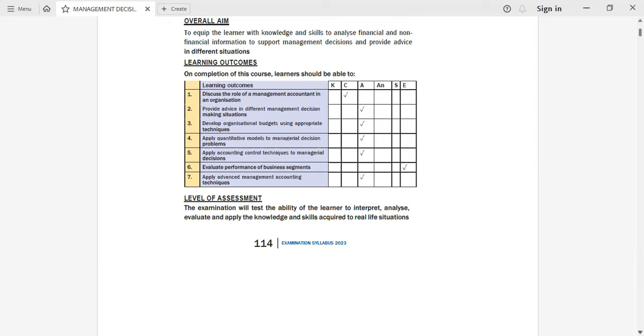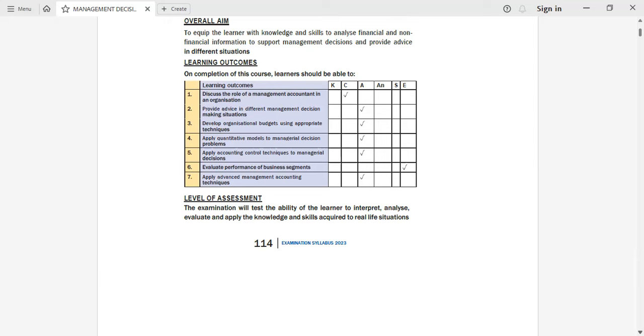So you are guiding, but you are guiding something that is actually happening on the ground. The examination will be looking at whether you can interpret, or if it was you in that situation, how would you advise the company for the better, depending on what is happening?